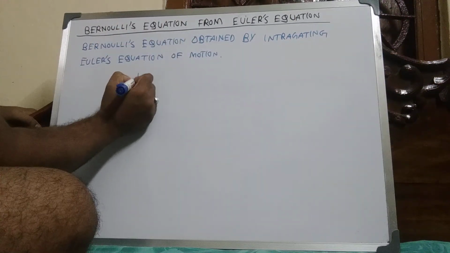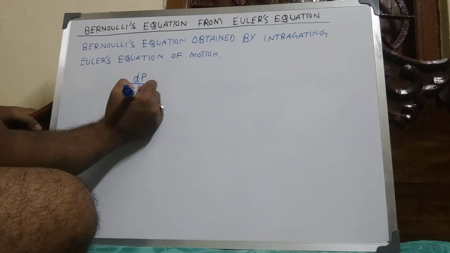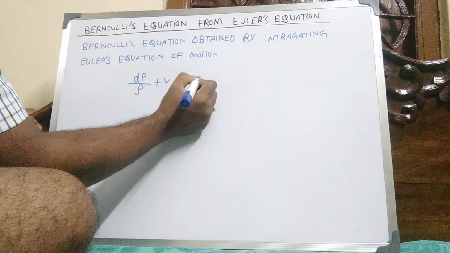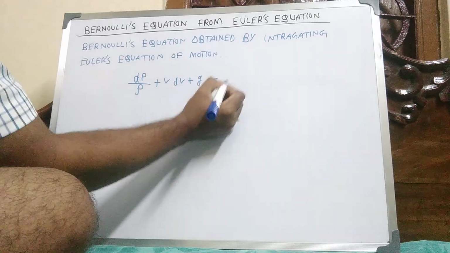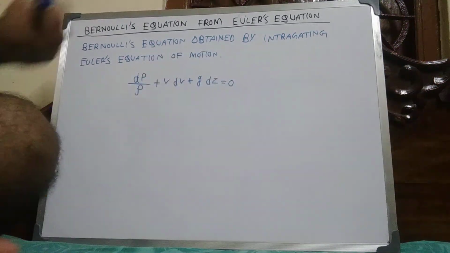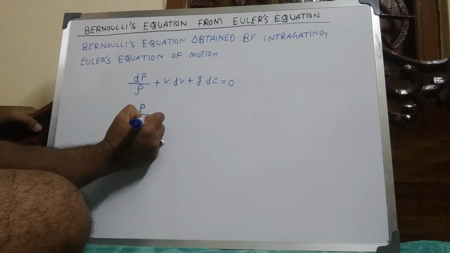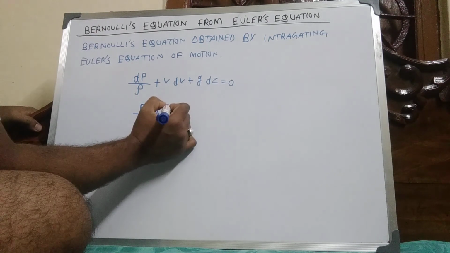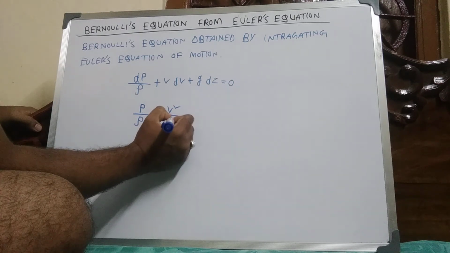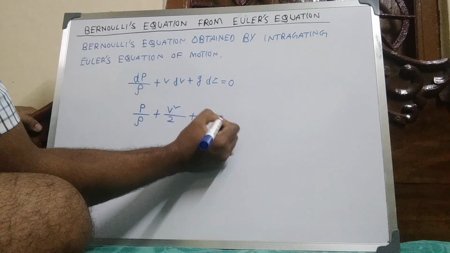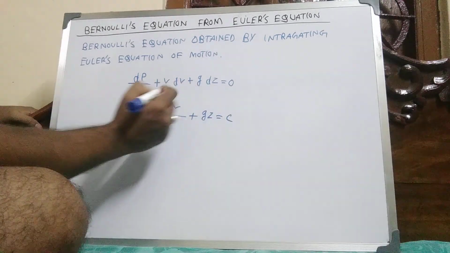So the Euler equation is dp by rho plus v dv plus g dz equal to 0, and on integration, p by rho plus v square by 2 plus g z equal to constant.